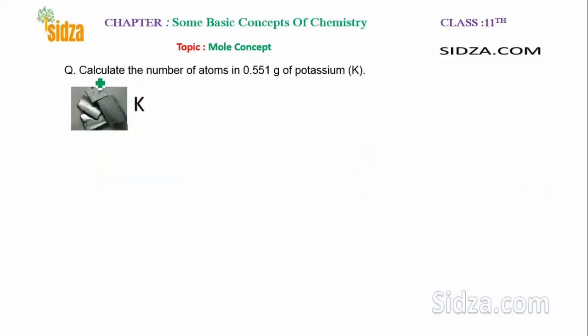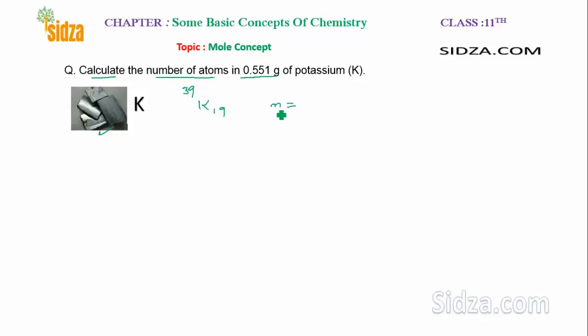Now let's calculate the number of atoms present in 0.551 grams of potassium. For potassium, the atomic mass is 39 and the atomic number is 19. Let's first calculate the number of moles, and from the number of moles we can calculate the number of particles.